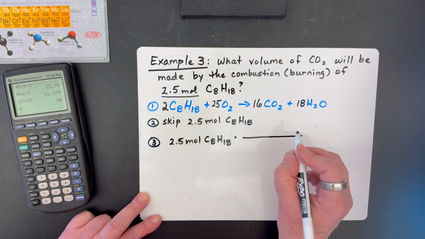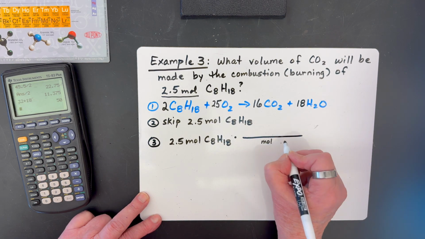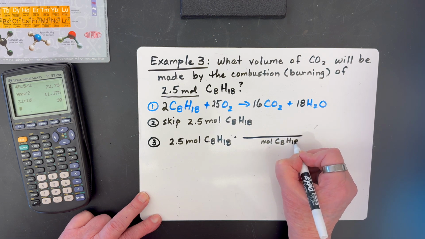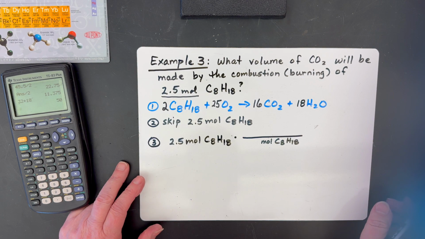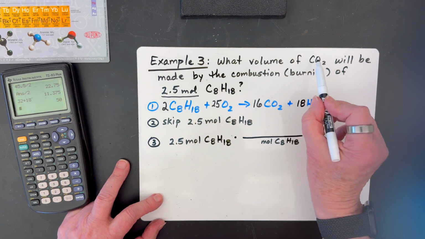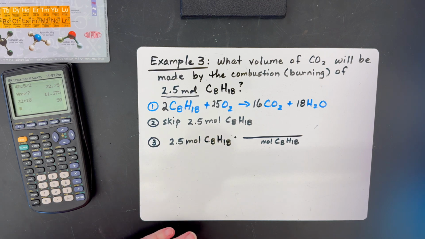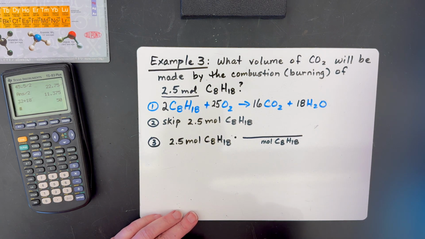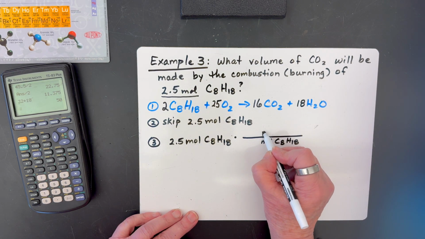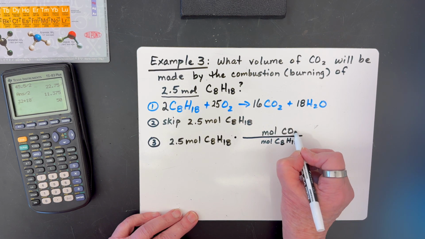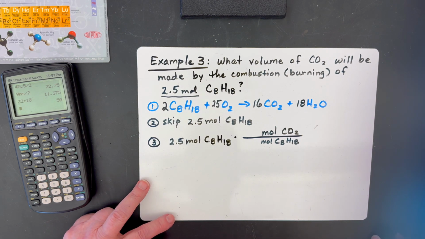We want to cancel moles of C8H18, and we want to find CO2. We're asked for the volume of CO2. We'll figure that out in our last step, but right now we've got to get to moles of CO2. So we're asked about CO2, carbon dioxide, so we put that on top.